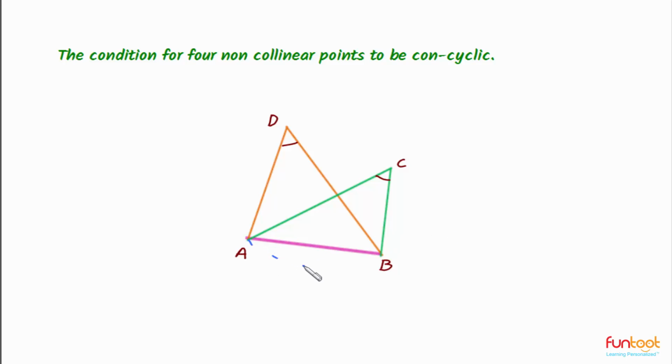That means if these 4 points lie on the same circle, let's draw a circle, and my circle here is not exactly a circle, but you can consider it to be a circle. If these 4 points are lying on the same circle, then these angles will be equal.